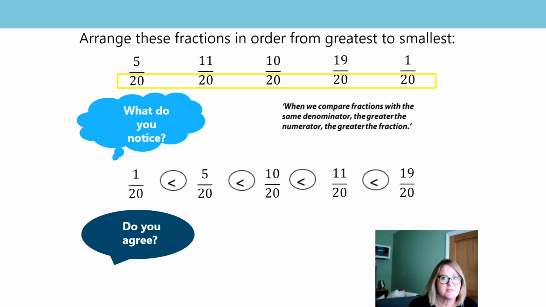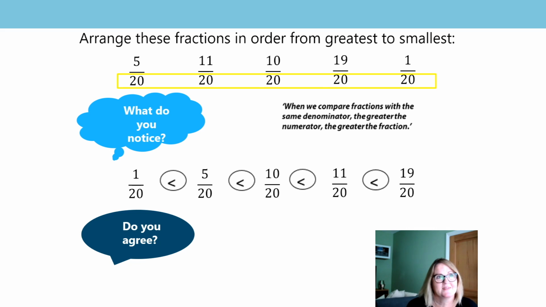Yeah, well, it looks right, doesn't it? 1/20th is less than 5/20ths, and that's less than 10/20ths, and that's less than 11/20ths, and that's less than 19/20ths. I can hear some of you saying, no, something's not quite right. Looks right. What's happened here?